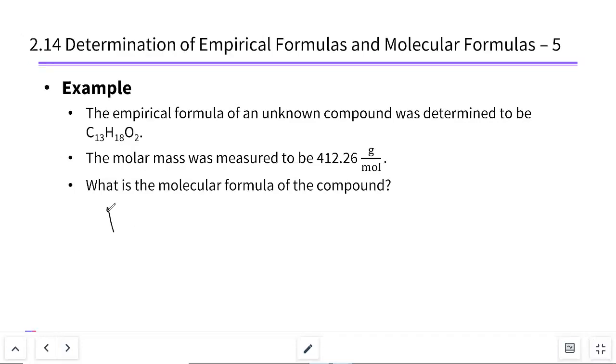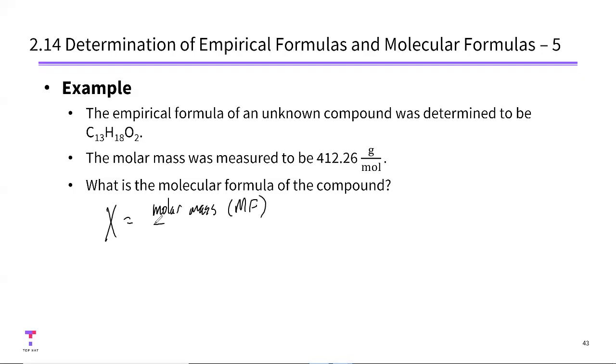The multiplier, which I'm just going to call capital X for no good reason, is always going to be the molar mass of the molecular formula divided by the molar mass of the empirical formula. And where this becomes useful for us is the molecular formula is equal to X times the empirical formula.